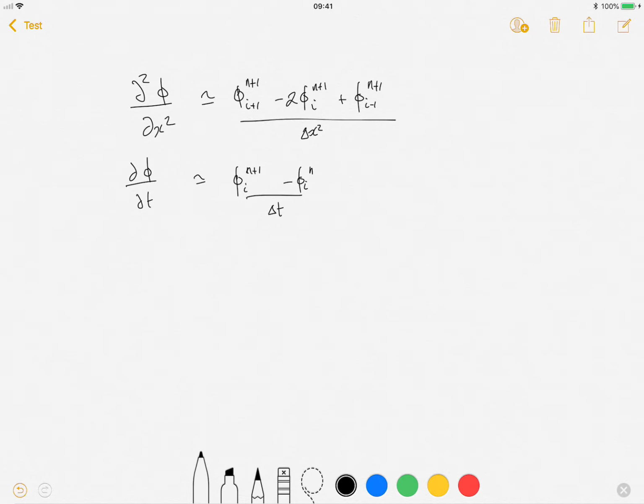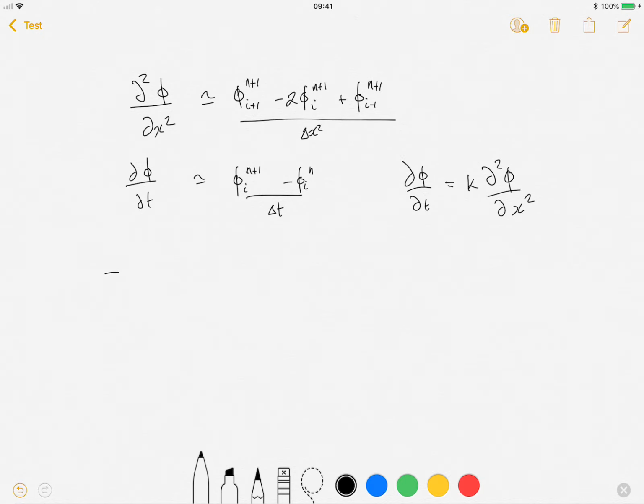divided by delta t. So now plugging these two back into our, for example, diffusion equation, that is d phi by dt is equal to some coefficient times d squared phi by dx squared, we end up with the following.